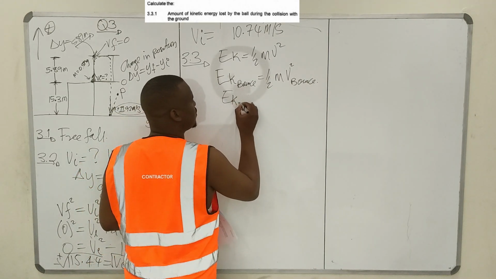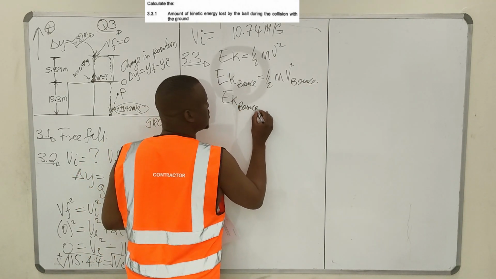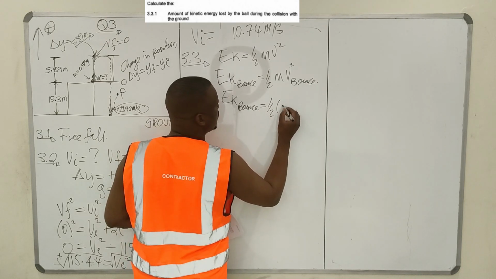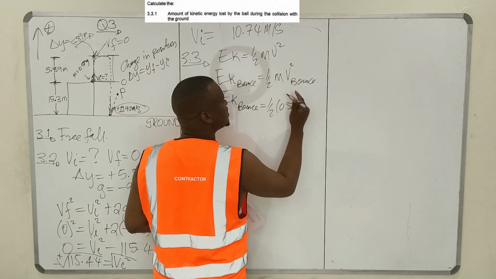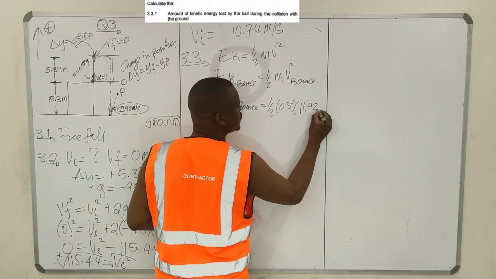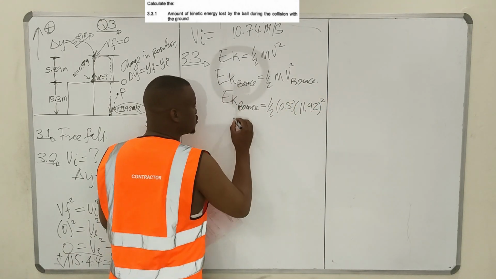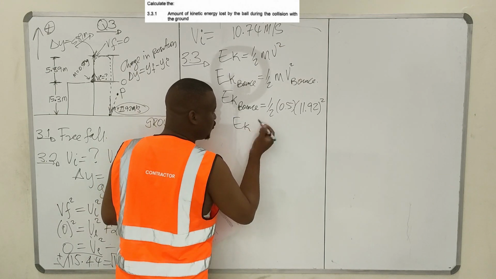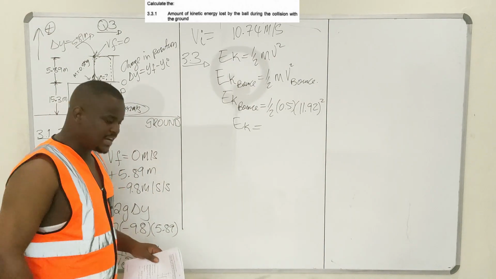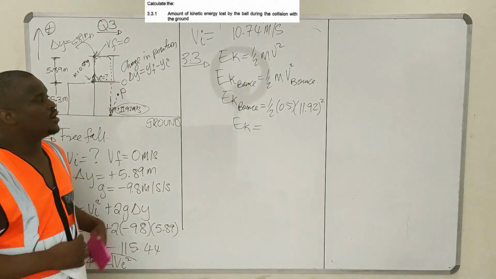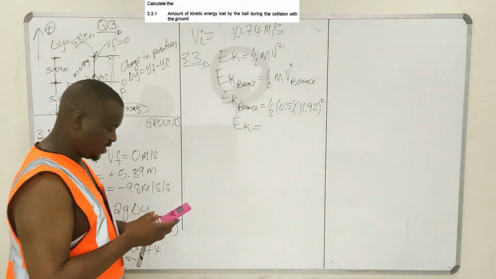So your EK bounce is equal to half m. What is your mass? It was 0.5. What is your bouncing velocity? It's 11.92, all squared. So you get the kinetic energy of the ball as it was bouncing off the ground.